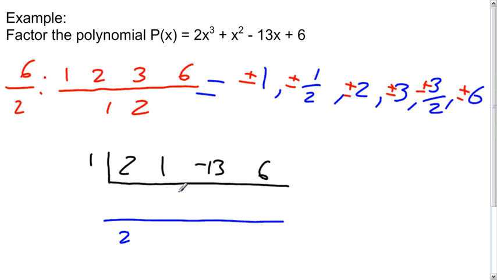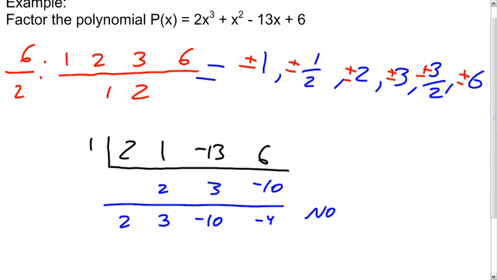Bring down the 2, times 1 is 2, add 3, times 1 is 3, add negative 10, times 1 is negative 10. That's not 0. So 1 is not a 0 of the function.